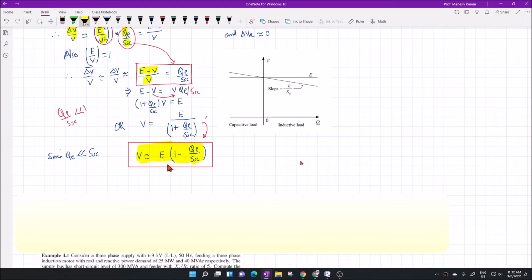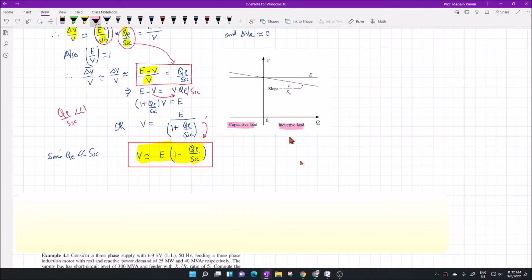How you can interpret its meaning can be understood from this diagram. You can see here the load reactive power QL is varying from 0 to positive and 0 to negative. If the load reactive power is negative, this is called a capacitive load. So this is the capacitive load and this is the inductive load.